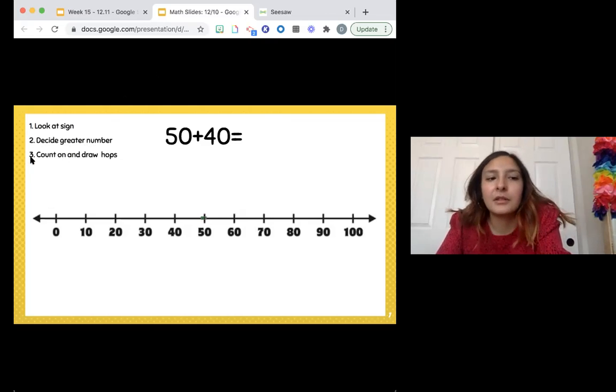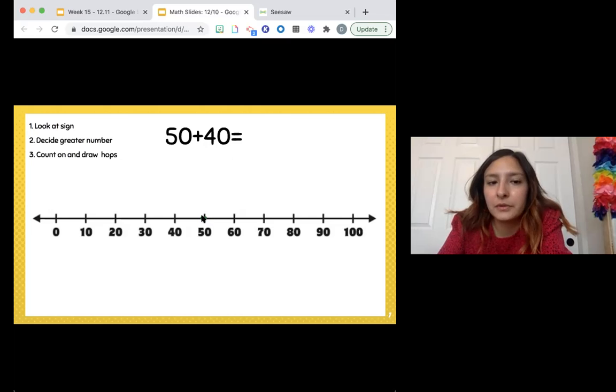Then third, I'm going to count on and draw my hops. I know that I'm going to be counting on 40, so I'm going to count on 4 groups of 10. So if I start at 50, count on 4 groups of 10: 10, 20, 30, 40.